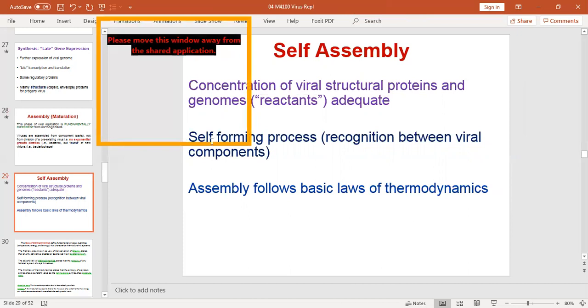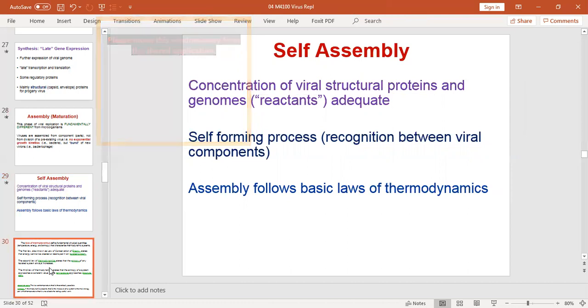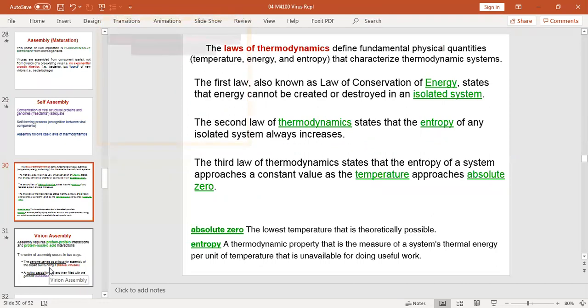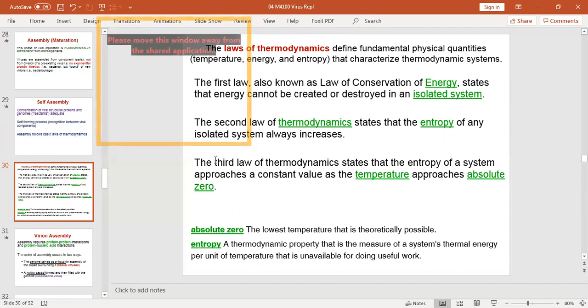Viruses then undergo a self-forming process when there is a recognition between various viral components, structural proteins, and genome. And this assembly follows the basic laws of thermodynamics. For those of you who may have forgotten the laws of thermodynamics, there is a little bit of a description of it on slide 30 just to refresh your memory.